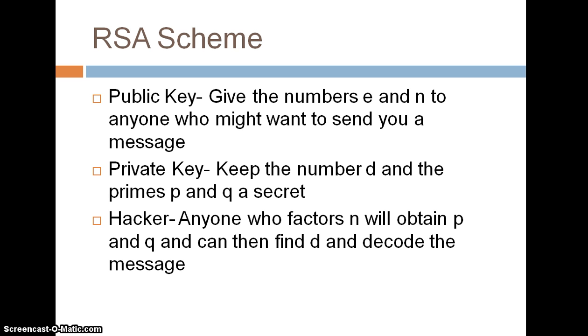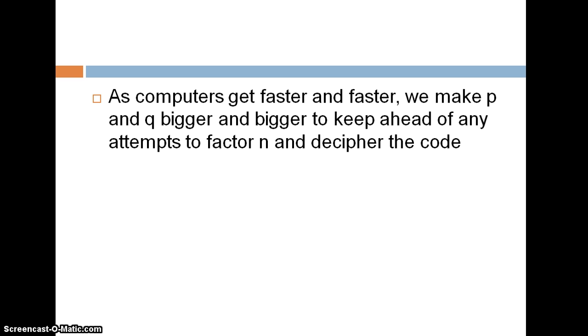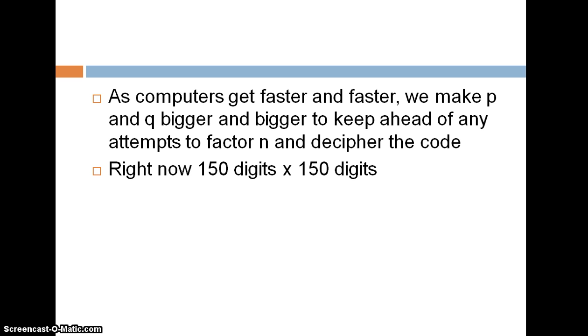Anyone who could factor N, which is the product of P and Q, could then find D and decode your message. So with computers getting faster and faster, we make the primes P and Q bigger and bigger to make it harder to factor N. Right now, I think P and Q are 150 digits long each.